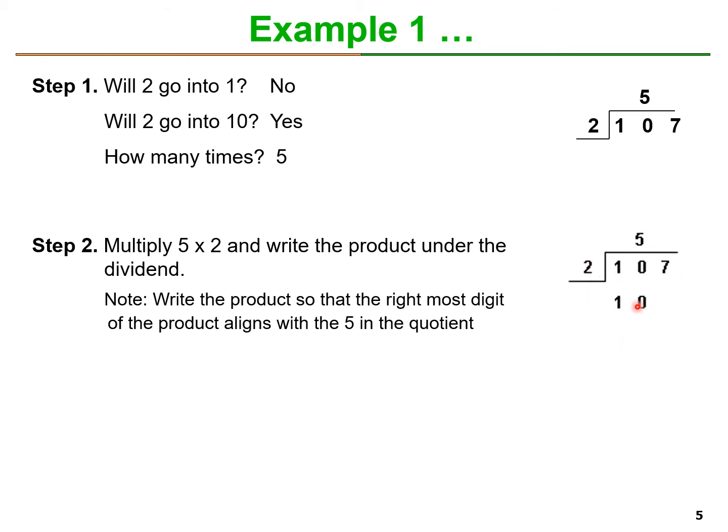We put it right here. So notice we don't put the 1 here and the 0 here because we are not considering the 7. The rightmost digit of the product, which is 10, is 0. It has to go up under this column here.